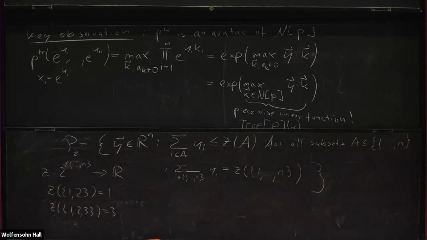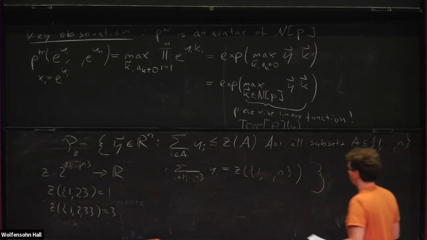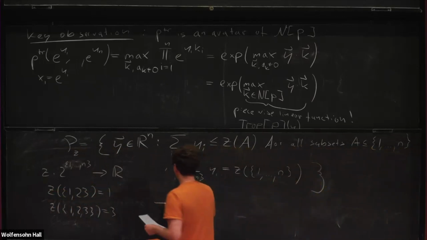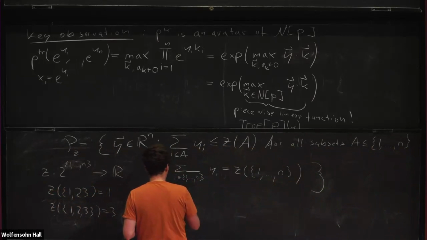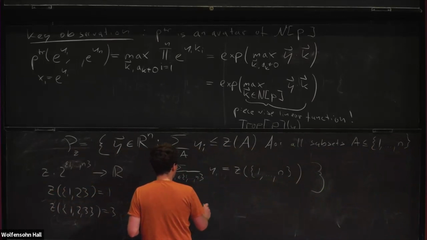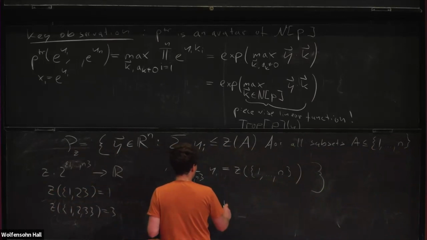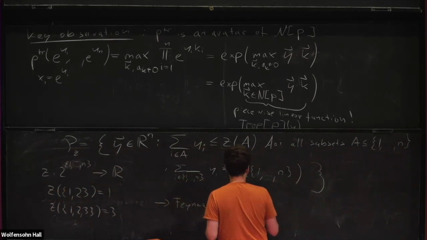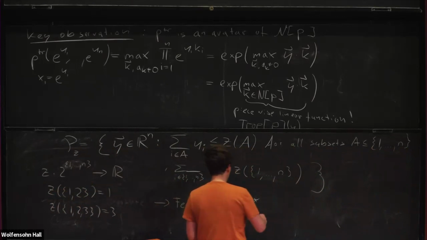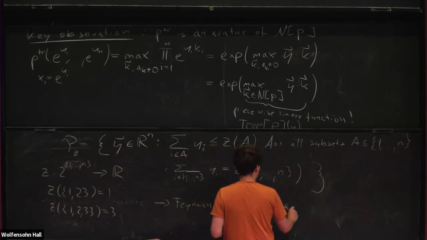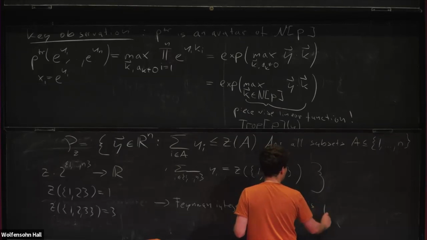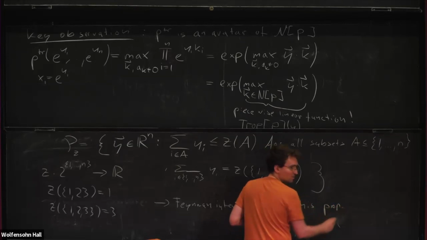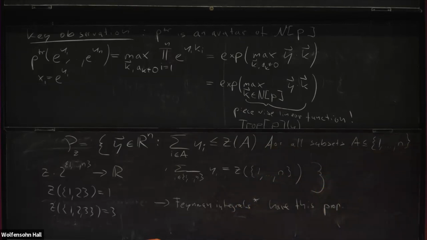And the main take-home message here is that Feynman integrals have this property, at least in the Euclidean case, so Feynman integrals with caveats. And in this case, there's a very fast sampling algorithm that we can write down.